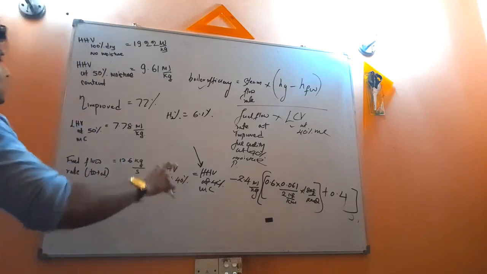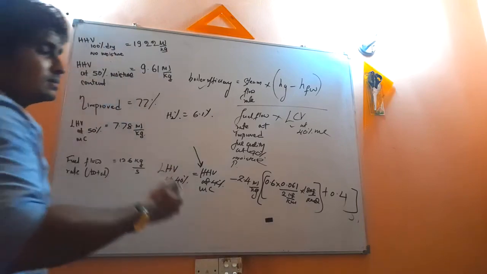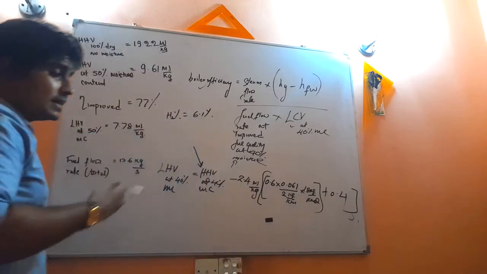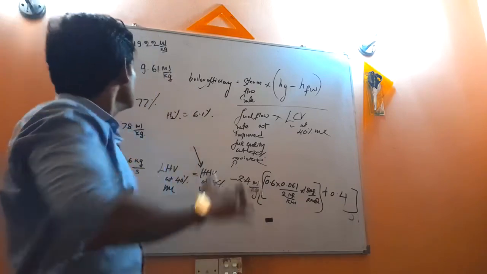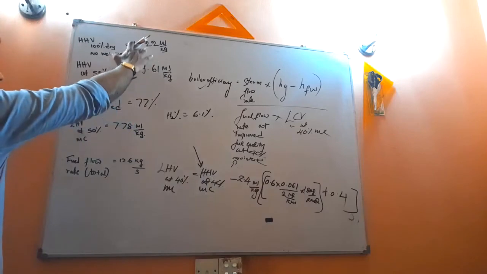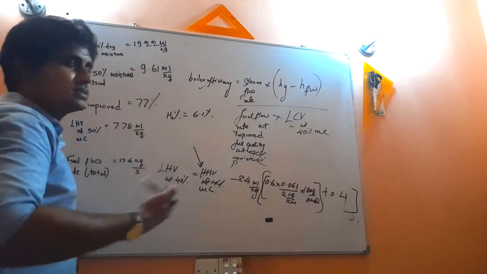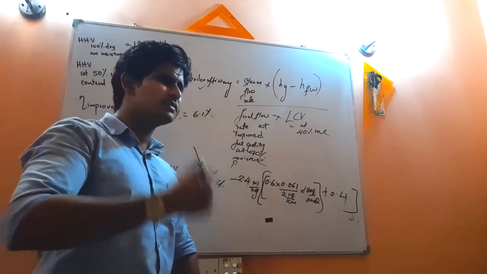What is the higher heating value at 100% dry situation? That means when there is 100% pure fuel, what is the higher heating value? 19.22. Now if it contains 40% of moisture, that means we have only 60% of the pure fuel.